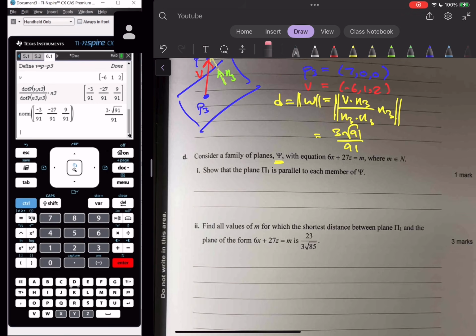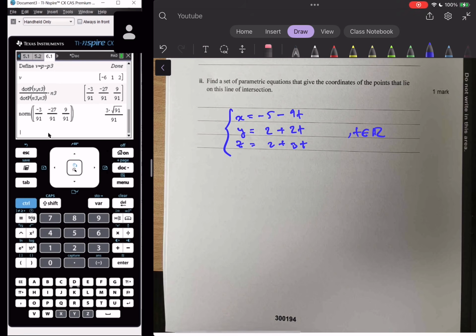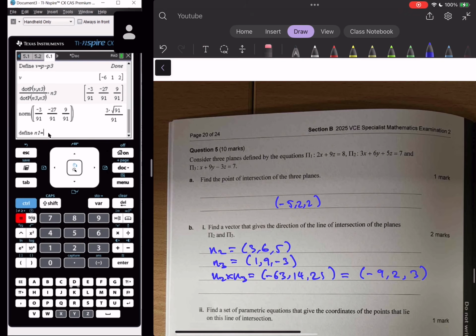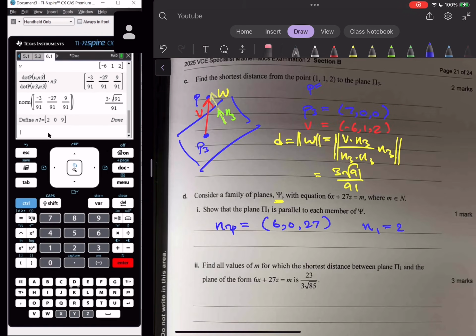So let's call the normal vector of such planes n psi perhaps. So n psi is going to be equal to 6, 0, 27. And what is our n1? n1 was equal to 2, 0, 9.